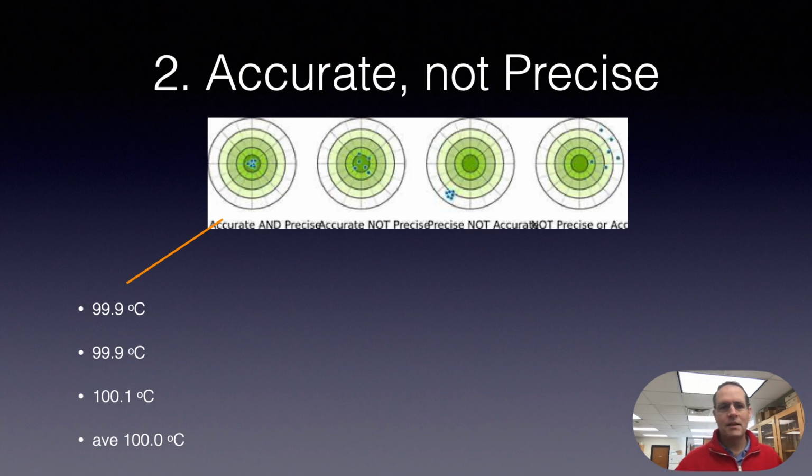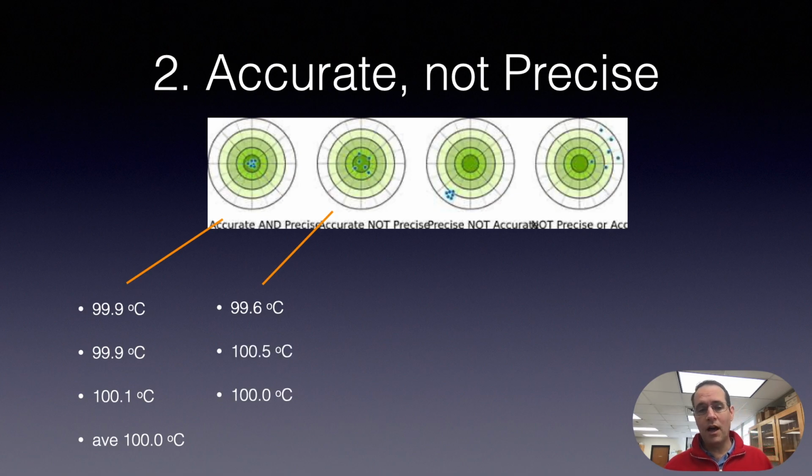Okay? Now let's look at a situation where you have accurate data, but it's not precise. This is a common situation where students measure the temperature of boiling water, for example, and they get 3 different answers, maybe a little low, maybe a little high, maybe right on the mark, but either way, the average comes out to be 100.0.